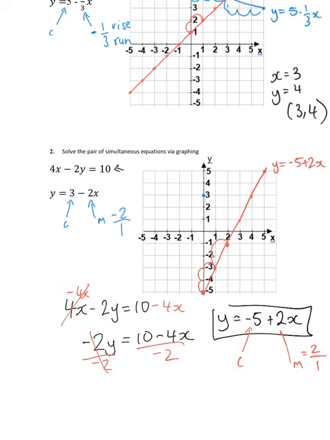I've got a gradient that's going down 2 places and across 1. So 1, 2, and across. 1, 2, and across. 1, 2, and across. We've already found our intercept, but I'm just putting a few more dots in. When you do it, guys, you don't have to draw these squiggly lines that I'm doing.